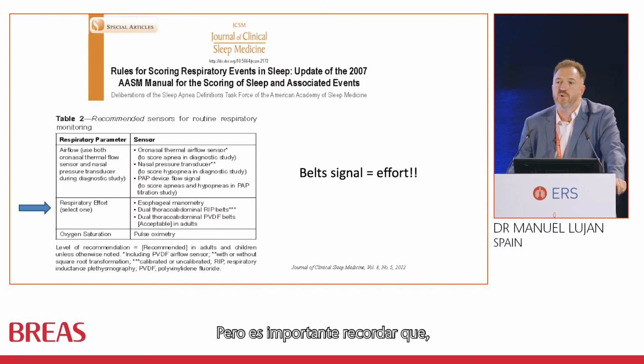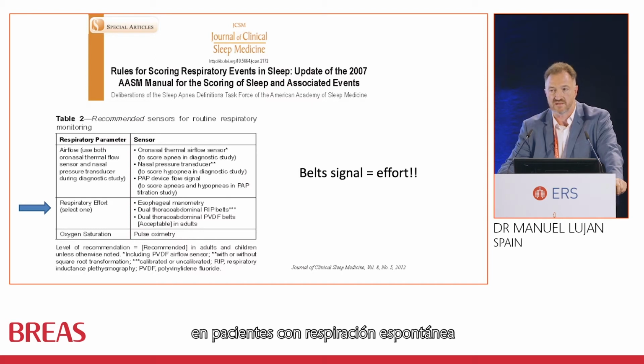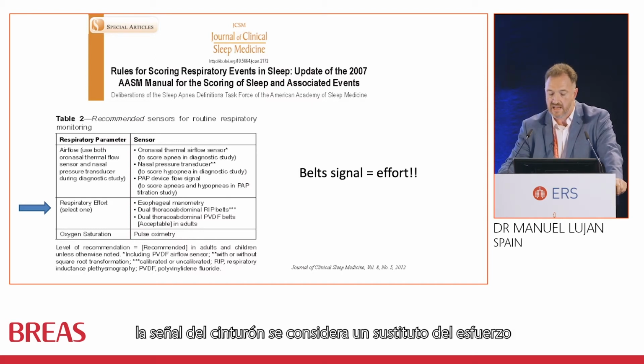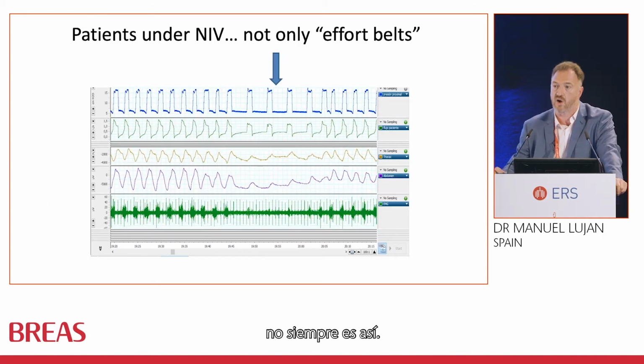But it's important to remember that in sleep medicine, in the spontaneously breathing patient or the patient under CPAP, the belt signal is considered a surrogate of effort. But in ventilated patients, it's not always like that.